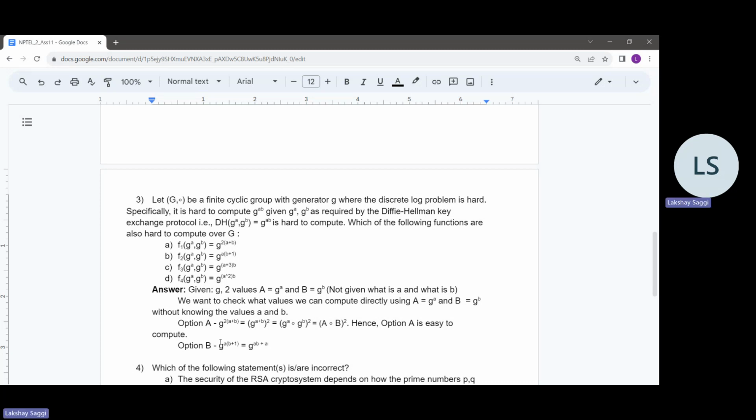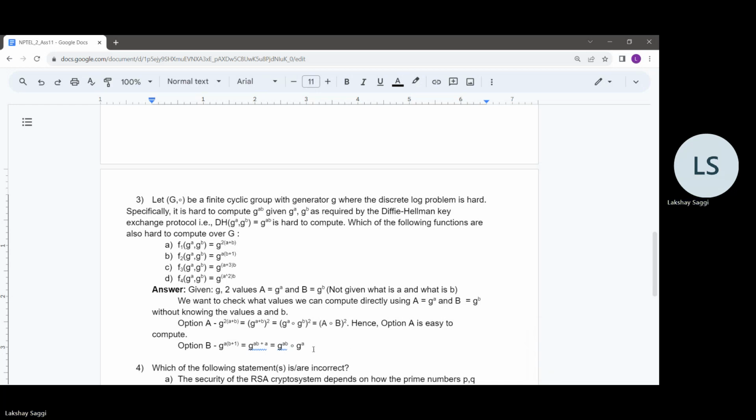because if I just open this parentheses, this is nothing but g raised to the power ab times g raised to the power a, right? I have just followed this exponentiation. Okay, this autocomplete is screwing it up, but yeah.